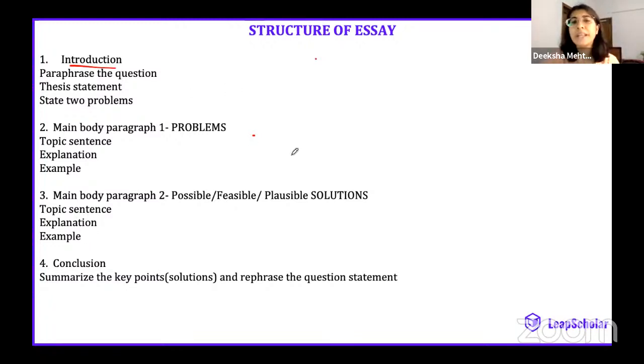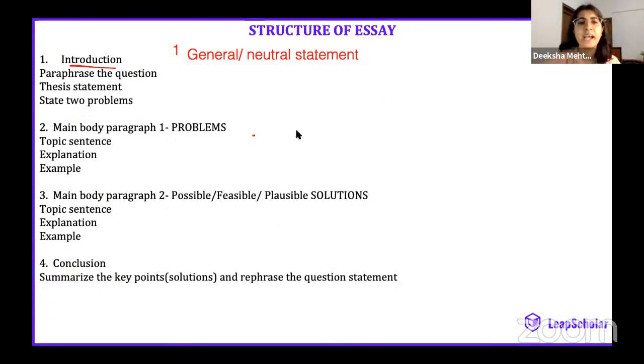So how do I write my introduction? First sentence is always what is my first sentence? A general, neutral statement, right? That is my first sentence. So something which is slightly related to the question. For example, if I'm talking about houses, what can be a good general statement?